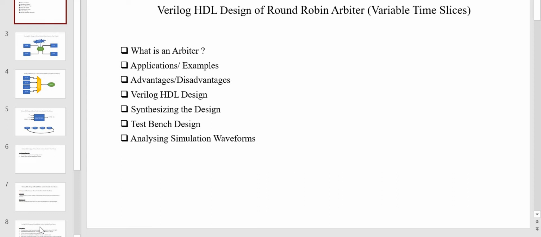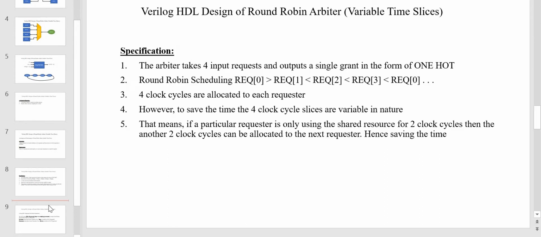Before that, let's go through the specifications of the arbiter which we are going to design in this video. The arbiter will again take 4 requests and output a single grant signal in the form of one-hot. The round robin scheduling algorithm is going to be the same as we discussed in our previous video. The extra thing here is every requester is going to get 4 clock cycles.